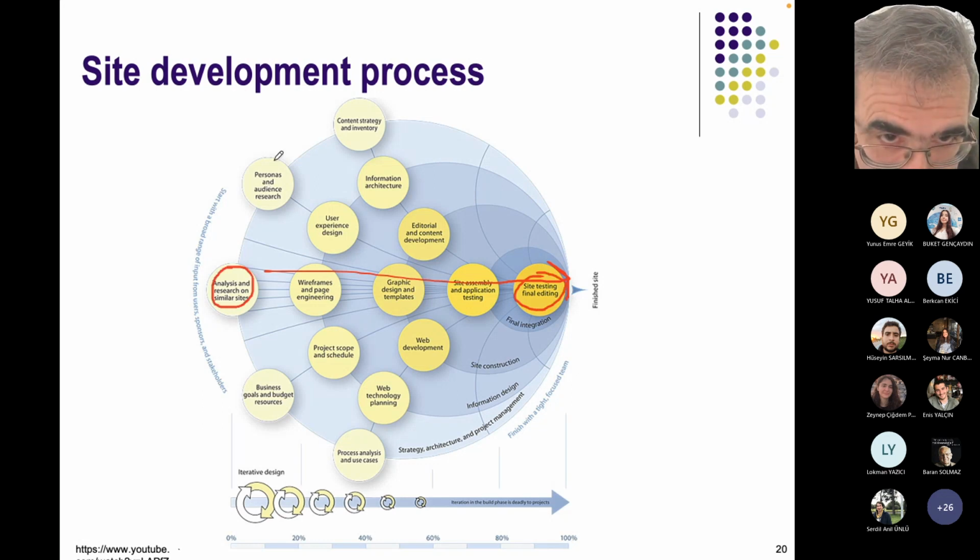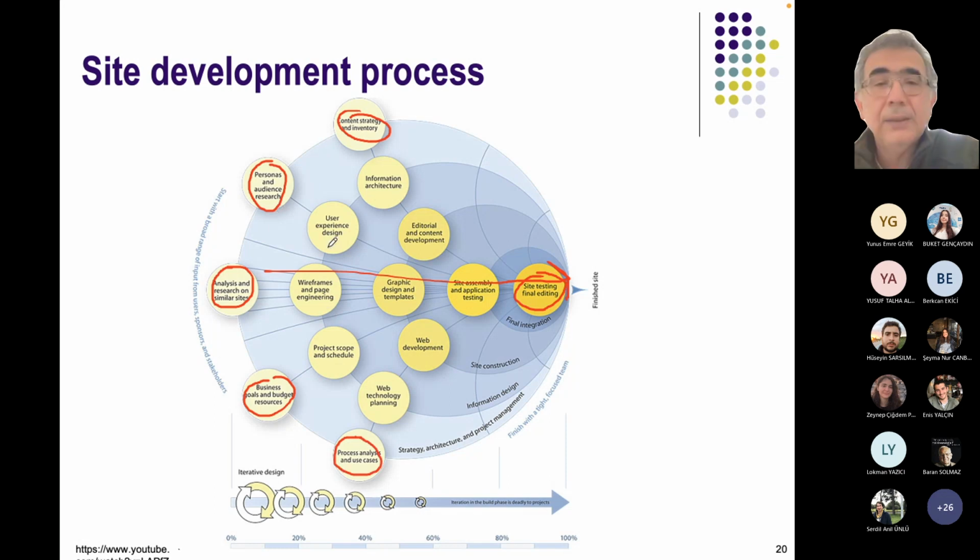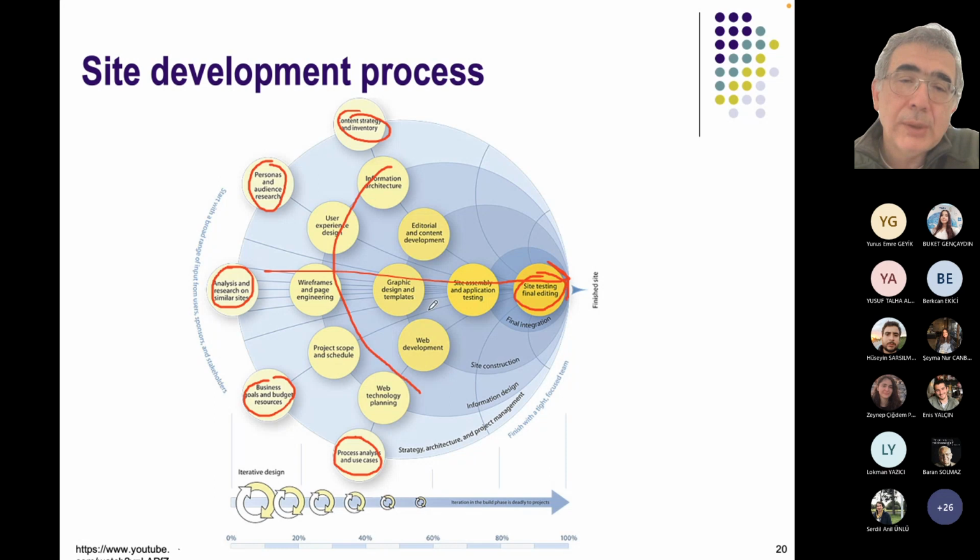Research on similar sites, audience research, content strategy, business goals, and use case scenarios. So these are done first, and over the development phase, you end up with the web page, the actual web page.